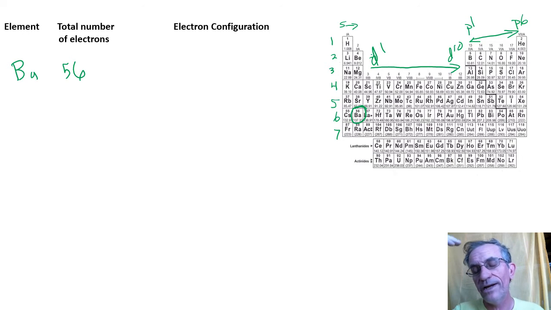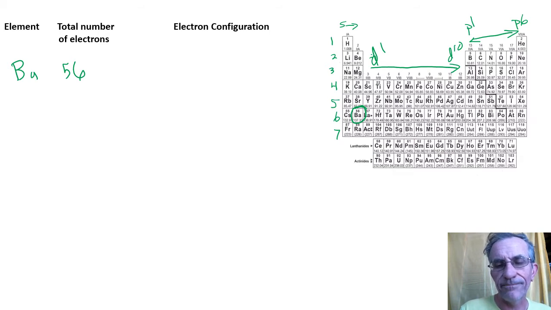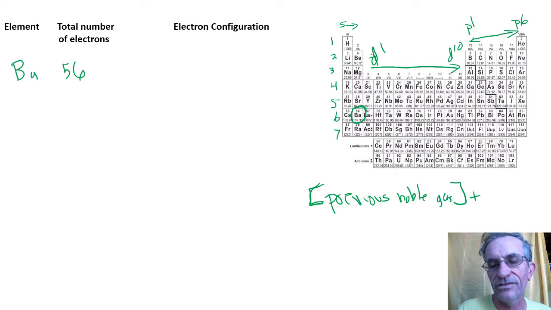Well, the way you can shorthand that is something called the noble gas shorthand. So what does that look like? What you do is you put the previous noble gas in a bracket, and then after that, you write plus the rest of the electrons.